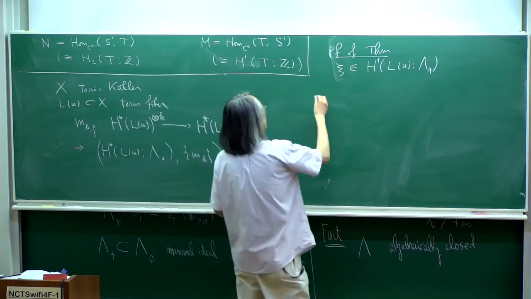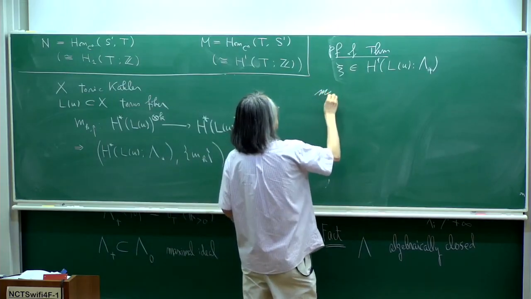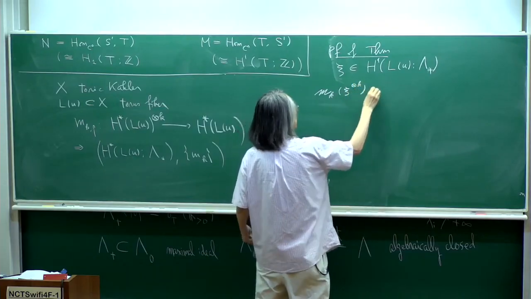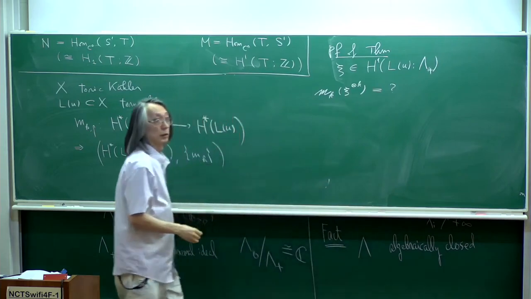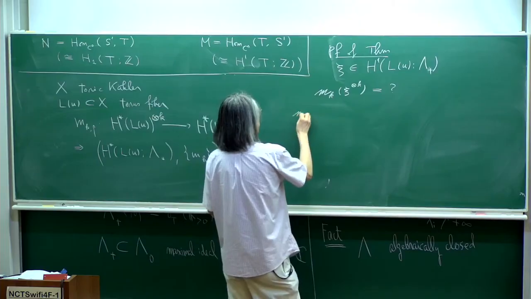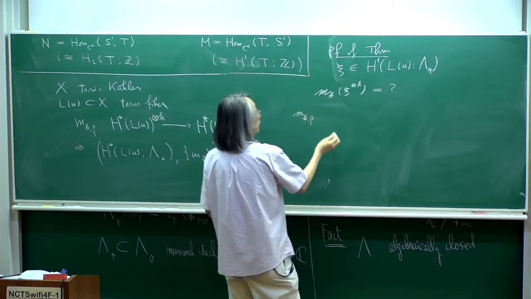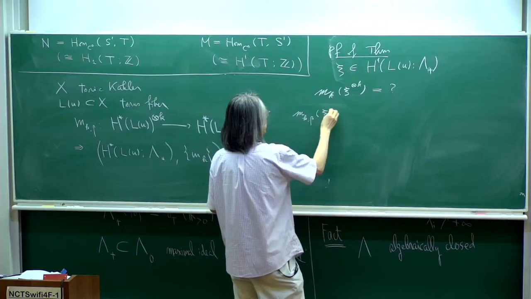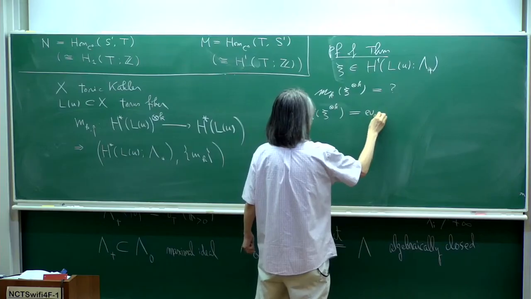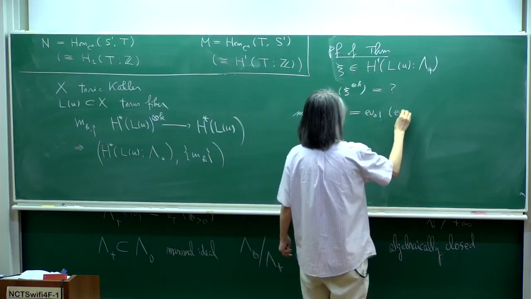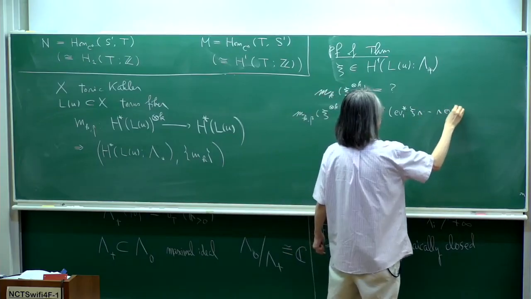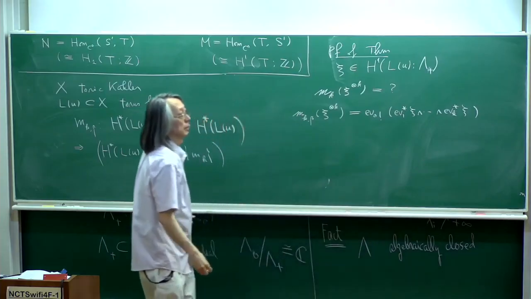And then consider this mk beta of psi tensor k, which is equal to F0 push forward of F1 star of C, ..., Fk star of C. Okay?